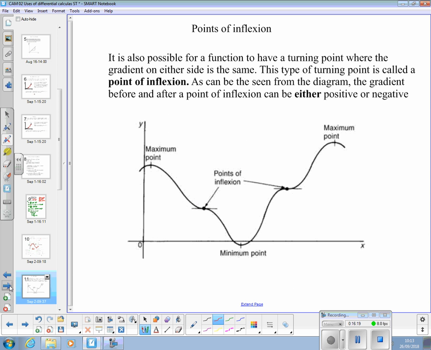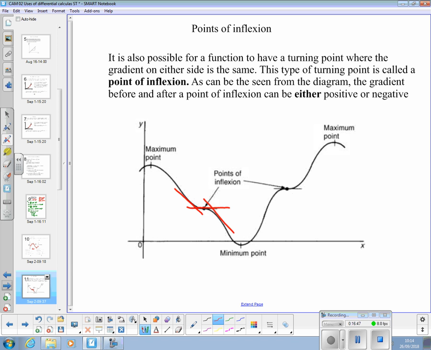We can also have, as well as minimums and maximums, what's called a point of inflection. And here we've got a 0 dy by dx, and either side of that point are negative slopes. So there's a point of inflection that way.